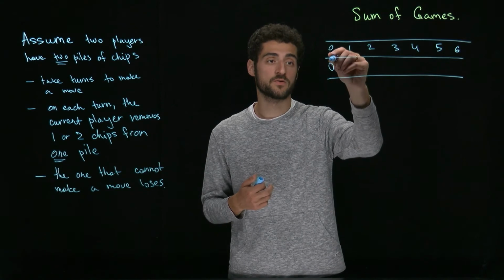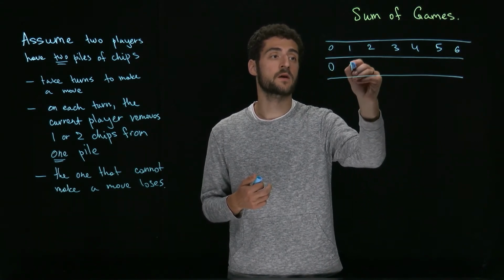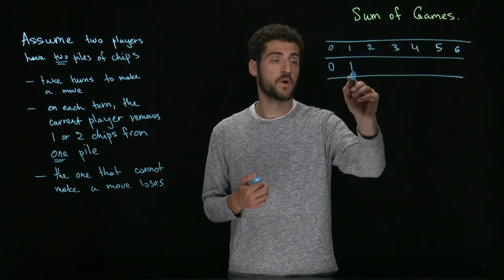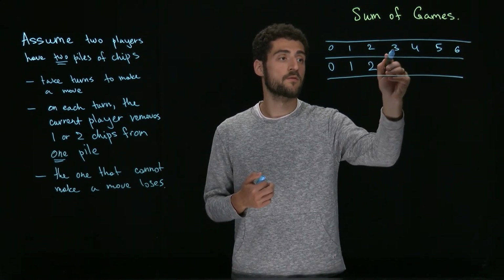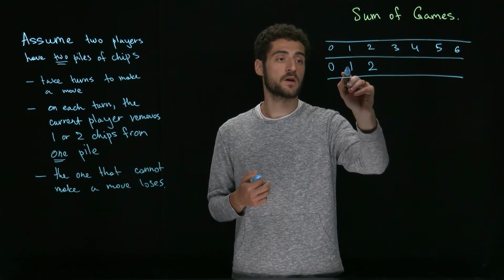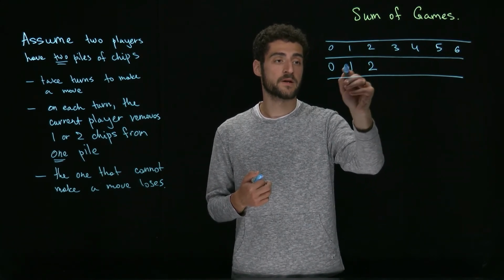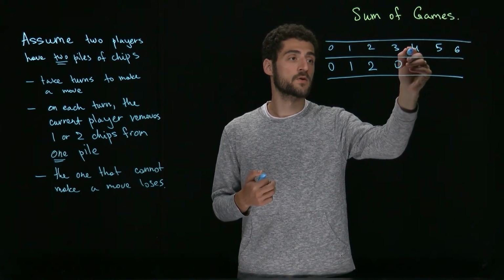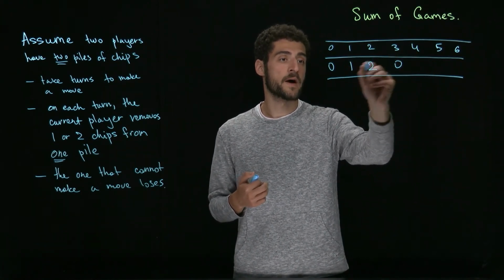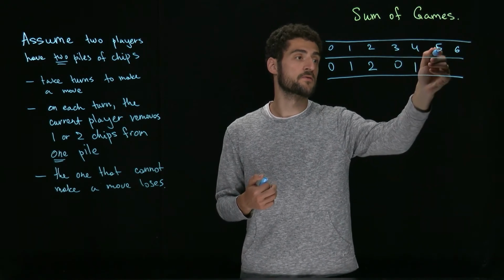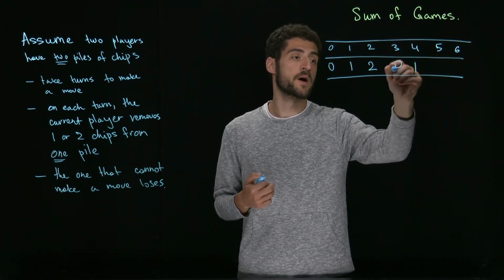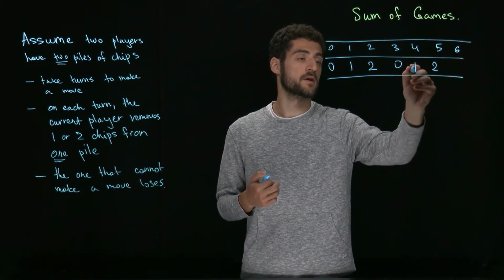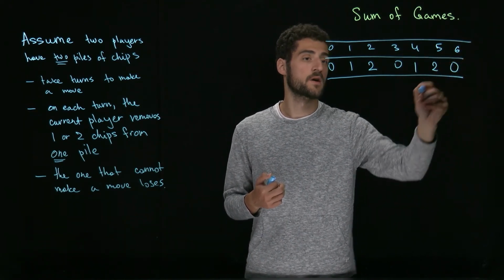From 1, you can go to 0, so the mex of 0 is 1. From 2, you can go to 1 and 0, so it's the mex of 0 and 1, so it's 2. From 3, you can go to 1 and 2, and it's the mex of 1 and 2, so it's 0. From 4, you can go to 3 and 2, so their mex is 1. Similarly, from 5, you can go to 3 and 4, so their mex is 2. From 6, you can go to 4 and 5, and the mex is 0.